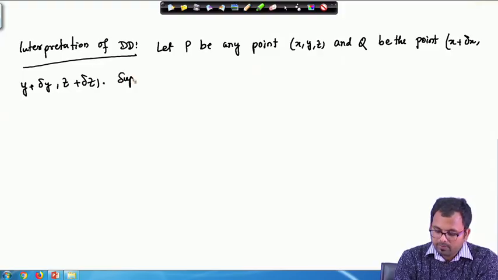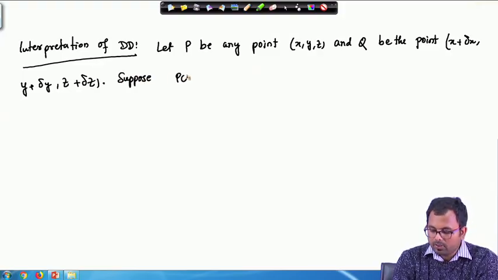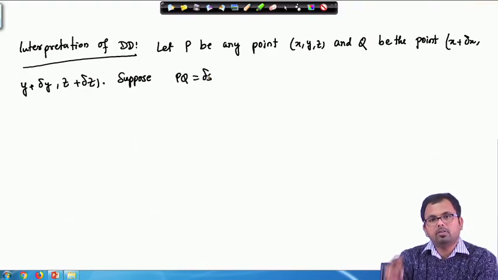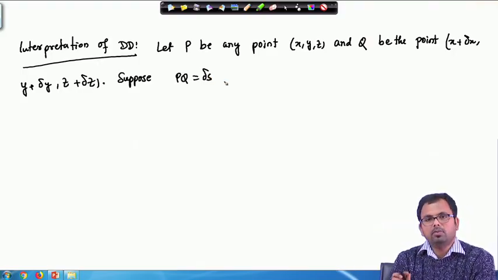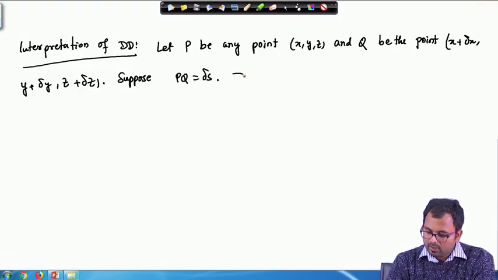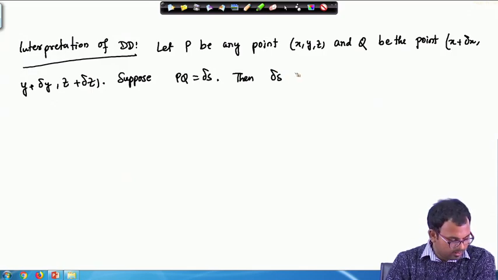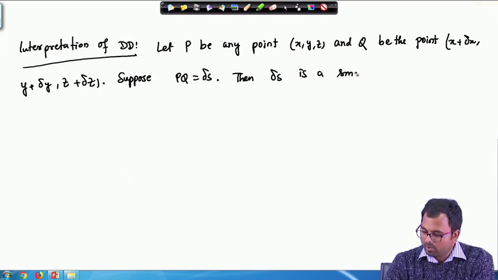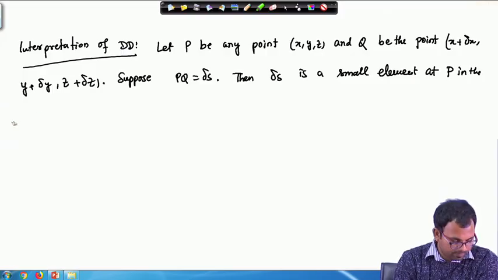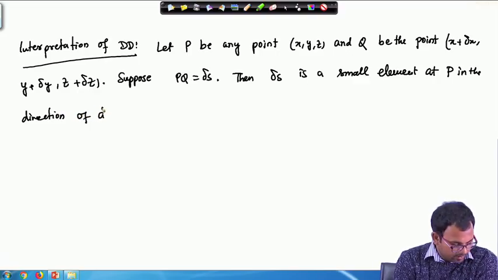And suppose PQ, which is a very small arc length, is delta s. So, we assume that the length is delta s, a small element at P in the direction of a cap.